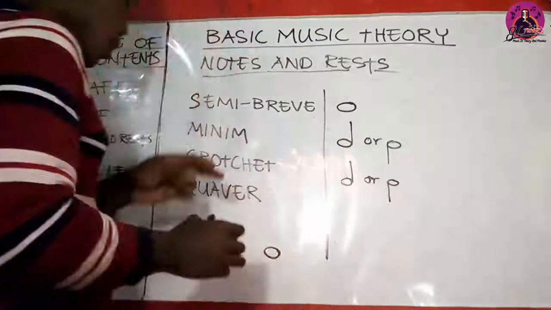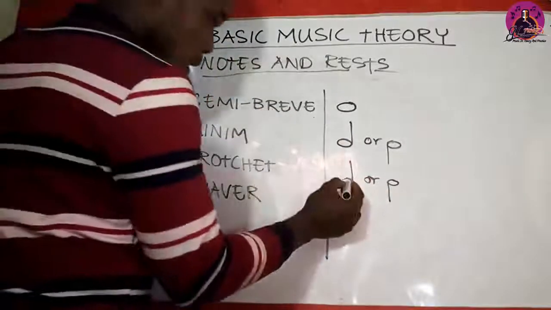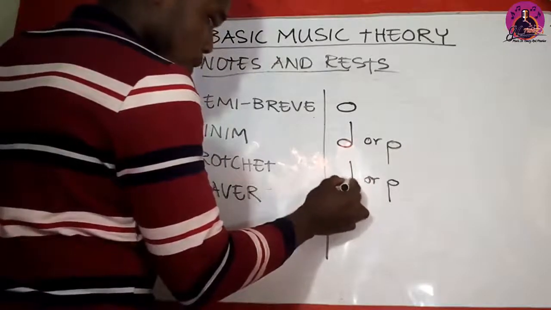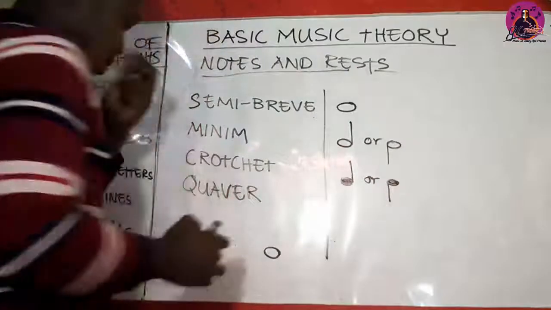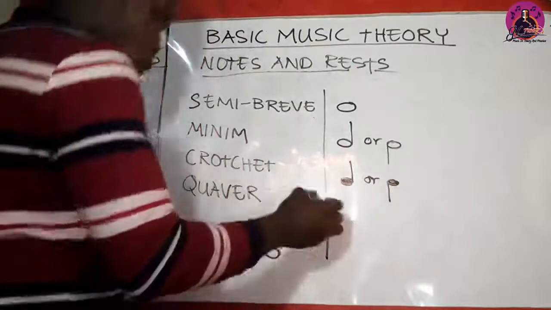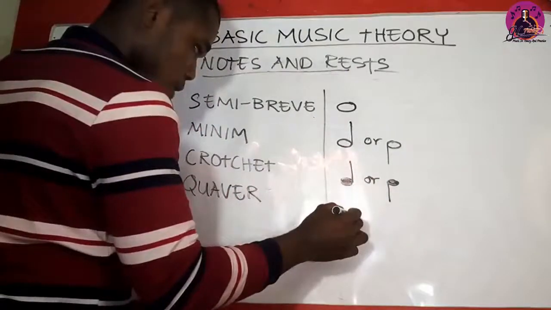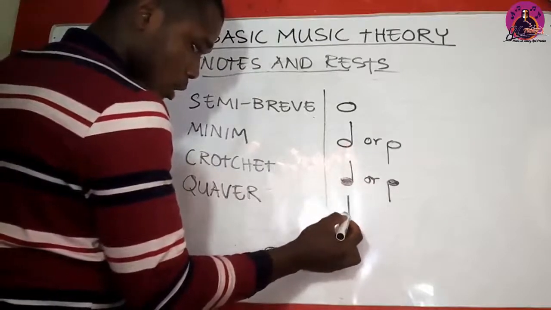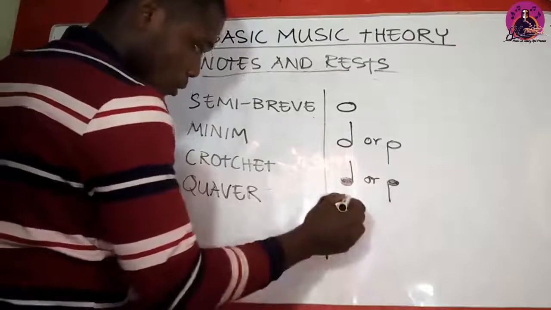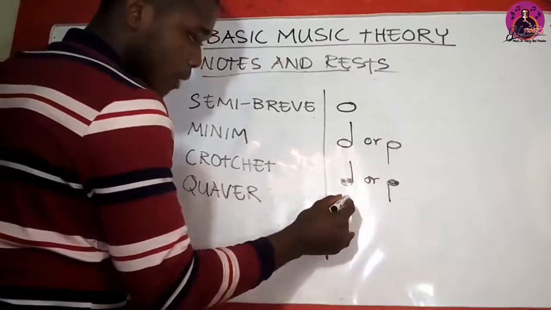But the difference between the minim and the crotchet is that the crotchet's head is shaded, whether it is pointing up or pointing down, it is shaded. Then the quaver has a head shaded with a stem pointing up or pointing down, and then a flag.